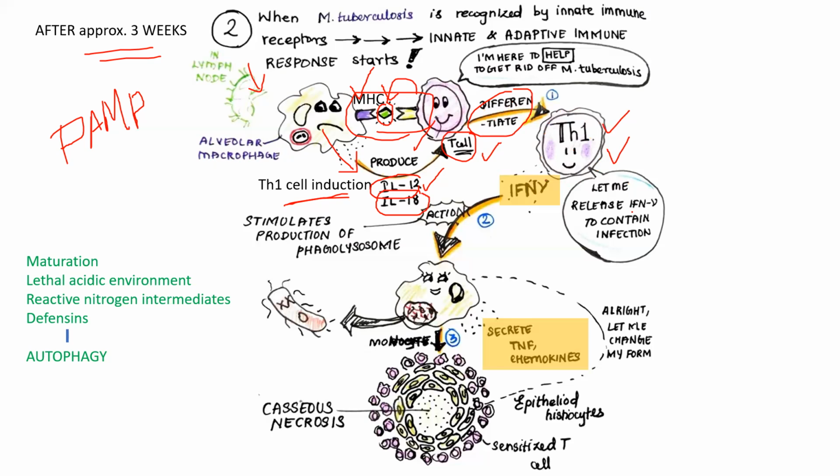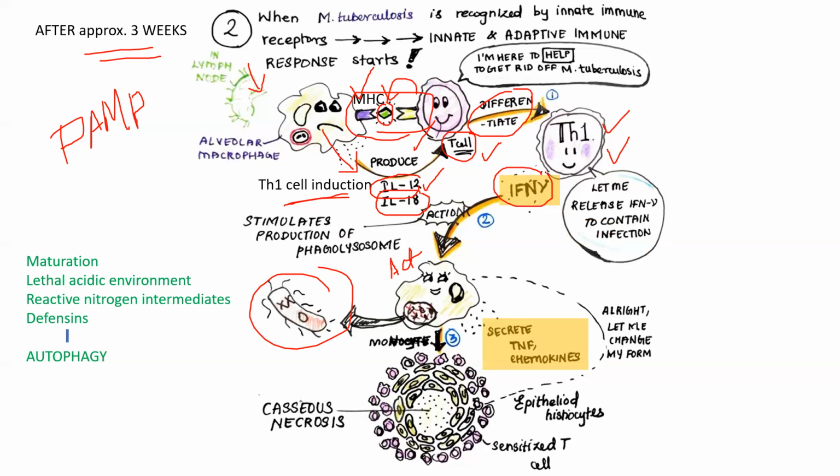Now, what does this Th1 cell do? This Th1 cell is mainly concerned with macrophage activation, and it also results in the killing of bacteria. How does it do that? The Th1 cells produce interferon gamma.